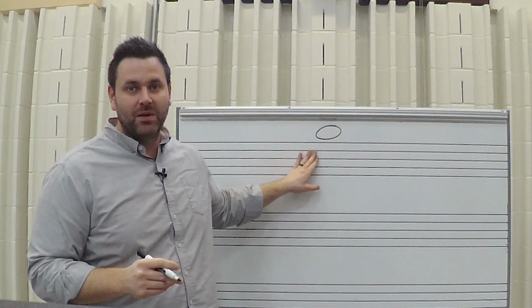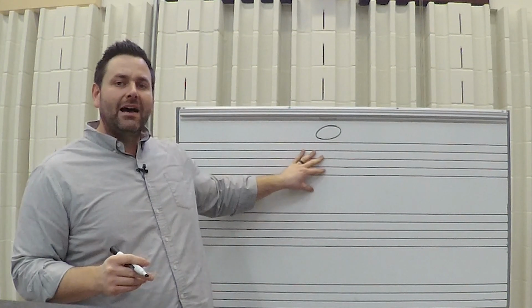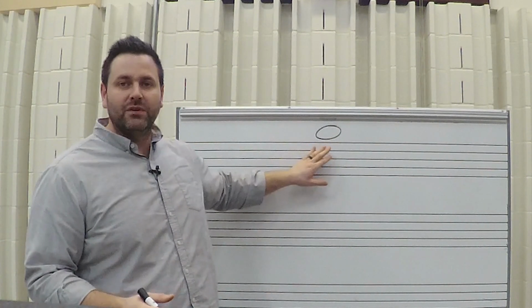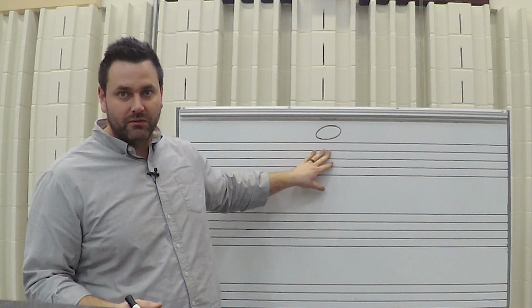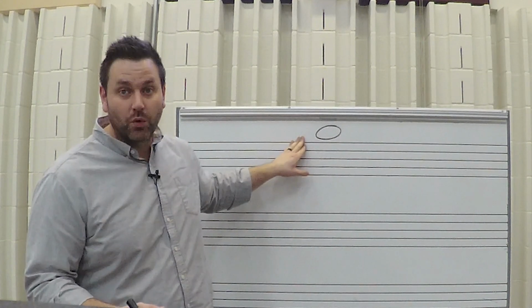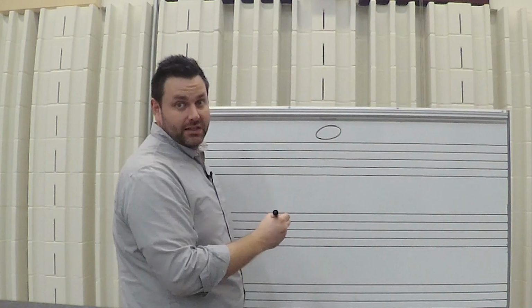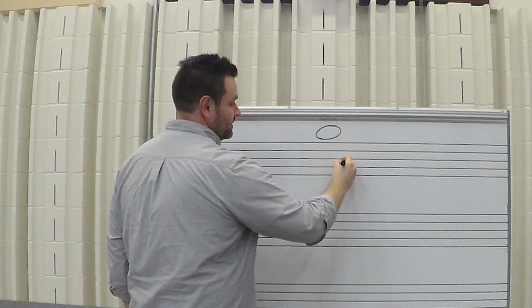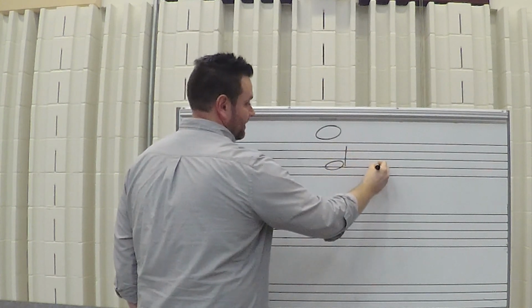Okay, now we're back here with just a single whole note at the top of the board. And I'm going to show you how these different types of notes that we've talked about can fill the space of a single whole note. Remember, a whole note gets 4 beats, and as we already discussed, 2 half notes would make up that same amount of space.